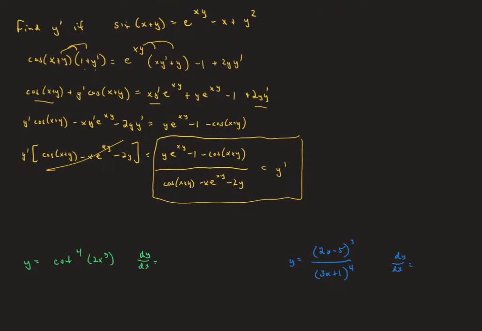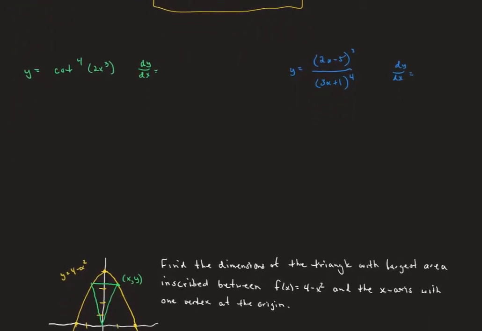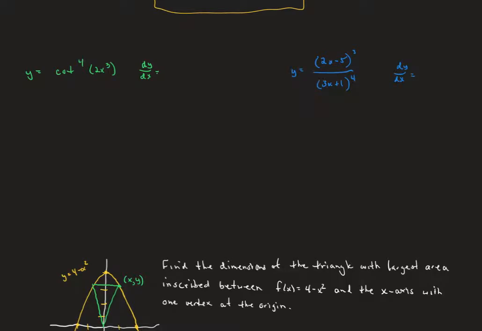Messy indeed. Okay, moving on, here's going to be our 3-link chain rule function inside the cotangent function inside the fourth power function. So its derivative is going to be, first we'll do the x to the fourth part, 4 cotangent to the third of 2x cubed, now times the derivative of cotangent, which is a negative cosecant squared of 2x cubed, and then finally times the derivative of 2x cubed, which is a 6x squared.